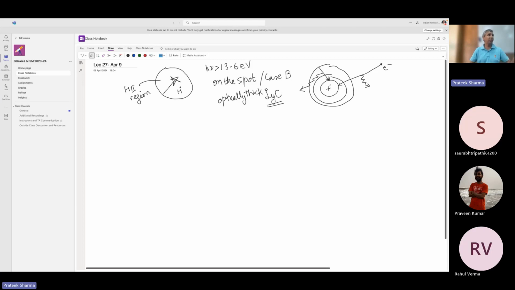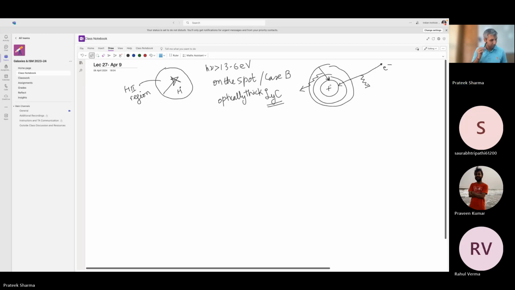But even in those cases, the line transitions to n equal to 1, say n equal to 4 or n equal to 3 to n equal to 1, can still be optically thick because the line cross section is much higher than the continuum recombination cross section. Okay. So this is all a consequence of this atomic physics, and you have to be mindful of all this, because it has consequences.